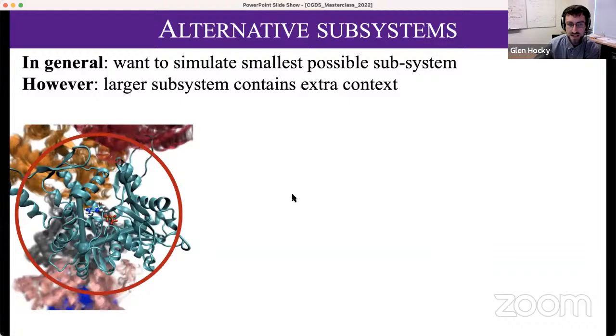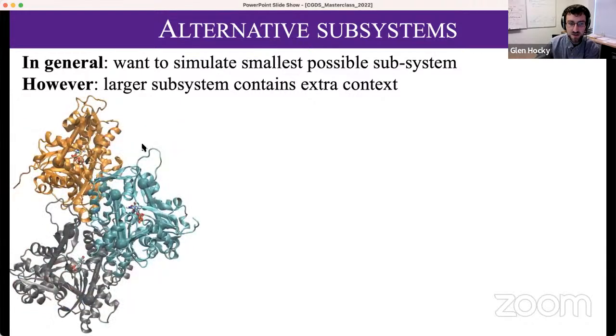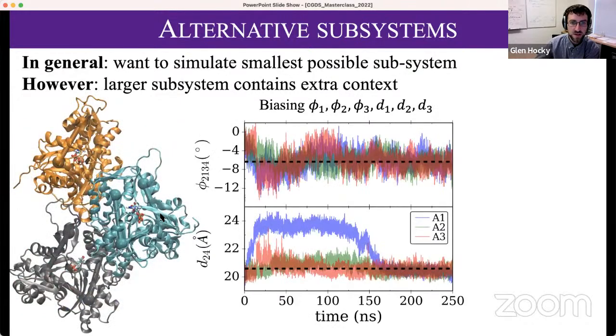Now, one last thing I wanted to mention from this paper is that we also tried biasing a larger subsystem. So in this result, we biased the angles and distances of all 3 of these monomers. And you can see that over time, all 6 of these variables match the target values, but we did not bias the variances.